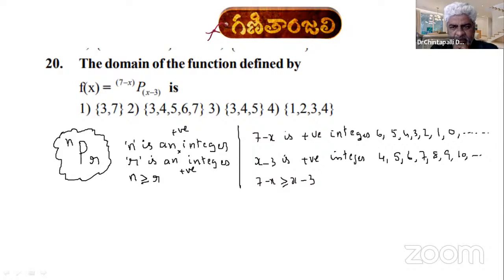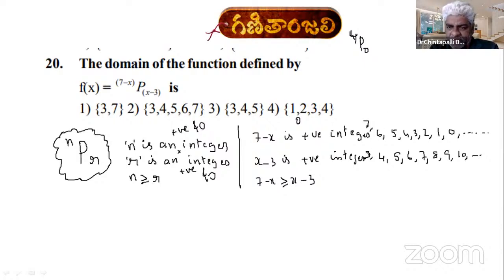I think 0 is also accepted here, so we can take 7 also. Here we can take 3 also, because 4 over 0 is okay, 4 over 0 is also defined.